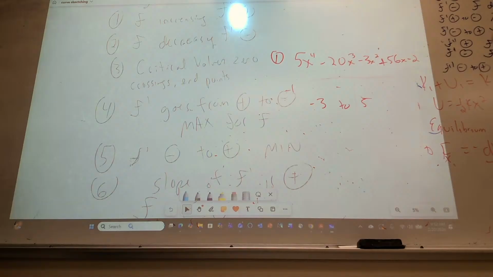Now, you should see 2 zero crossings. So you're going to go second calculate. Okay.